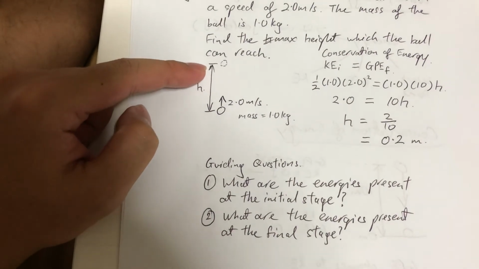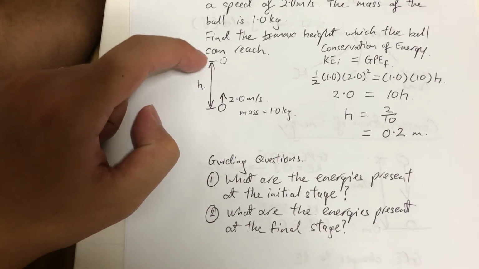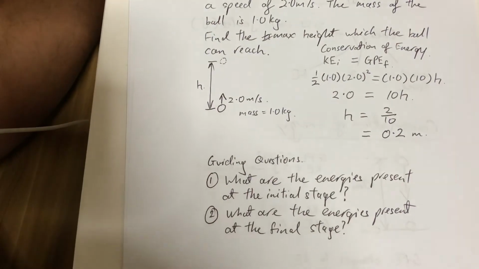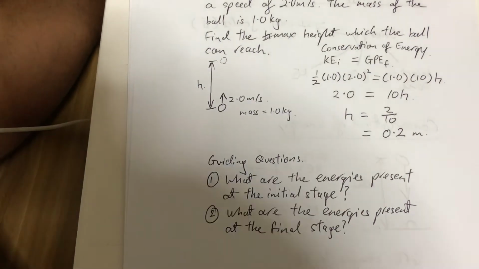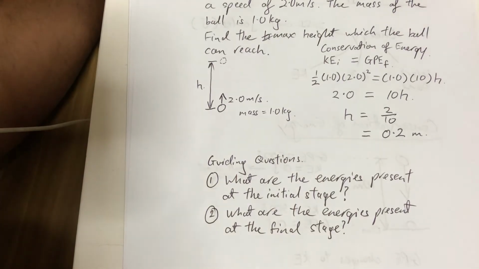So what are the energies present at this position? In this particular question, the energy present will only include gravitational potential energy, because the ball, when it's at its maximum height, will have no KE. Hence, gravitational potential energy only.